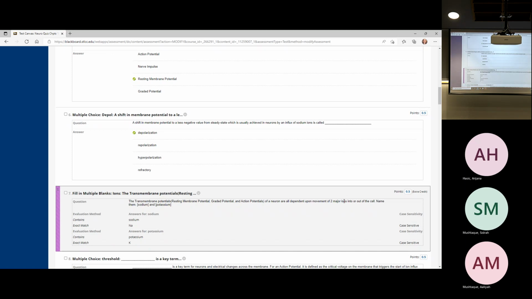That change from resting to a less negative value, we call a depolarization. Anytime you have a depolarization and you come back to resting, that is repolarization. Anything from resting to a more negative value is hyperpolarization. And we went through what typically causes depolarization: sodium comes in, calcium comes in, or chloride.